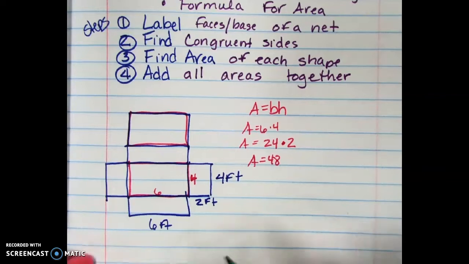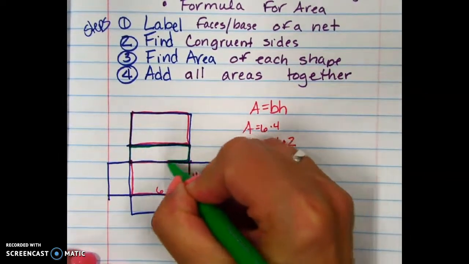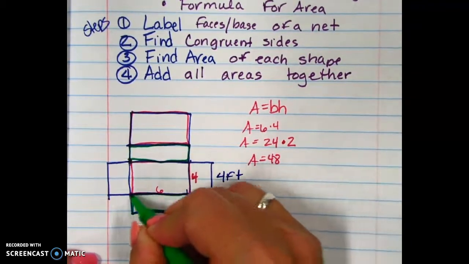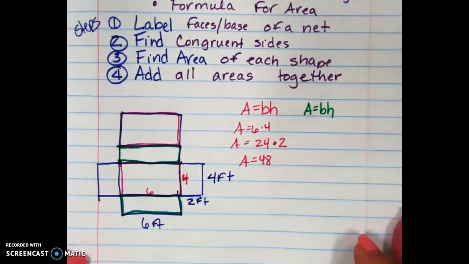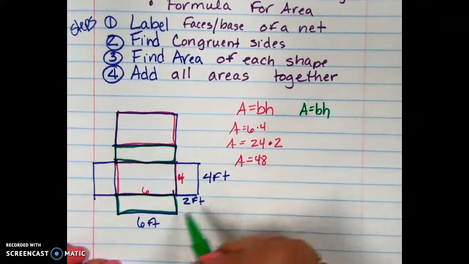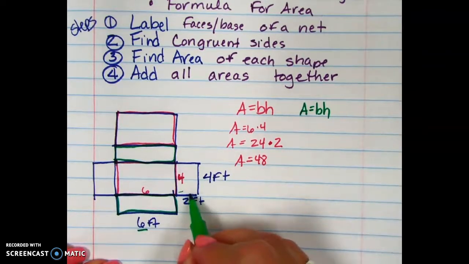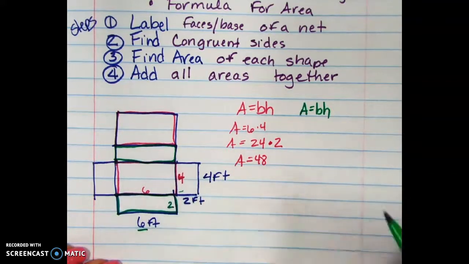Now I'm going to go to the next shape. This next shape I'll outline in green. And this is congruent to this shape. So I'm going to write my formula. Hey, it's a rectangle, so area equals base times height. So let's find out. Oh, it's already labeled 6. Well, this is 2, but remember when I close my box up, this is going to be 2 as well.